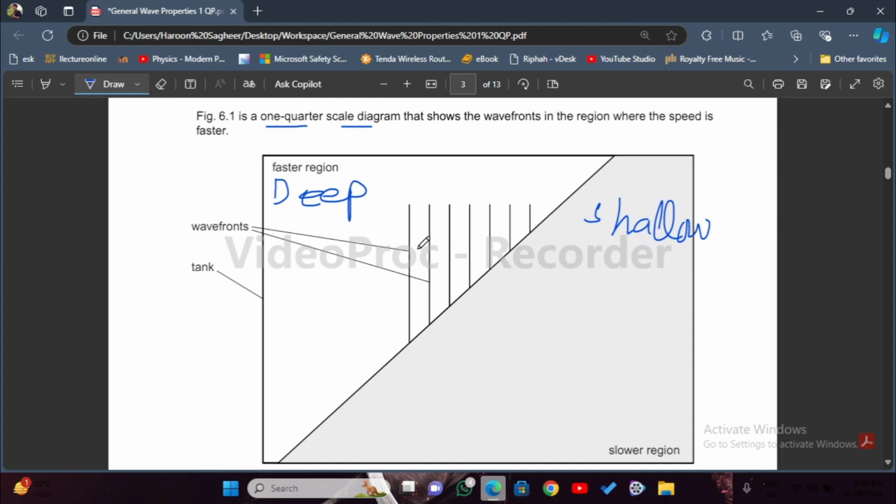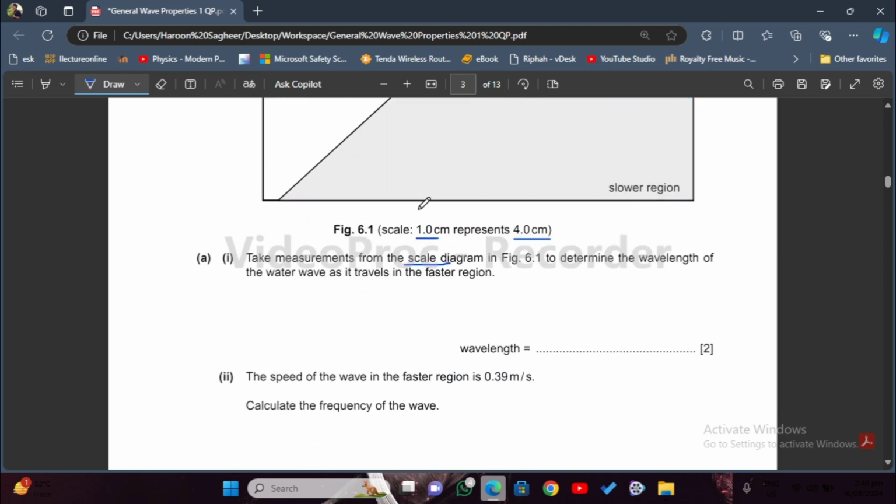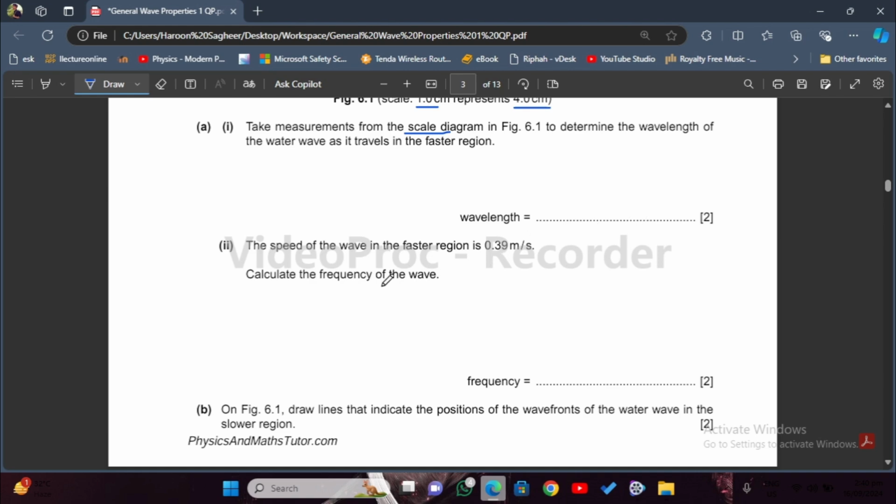All of these are wavefronts, and the distance between two wavefronts is your wavelength. Now if the wavelength is 2 centimeters, you would have to multiply this 2 by 4. So actually the wavelength is 8 centimeters. So whatever that is, just take your scale and measure it. That would be the wavelength. Now since the wavelength is given, you would have to calculate the frequency.